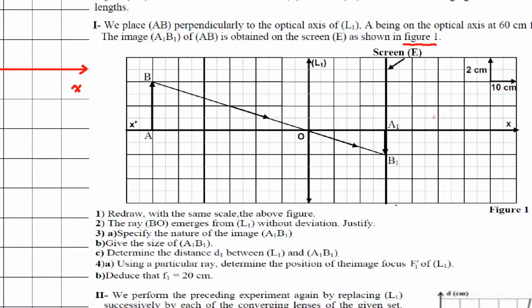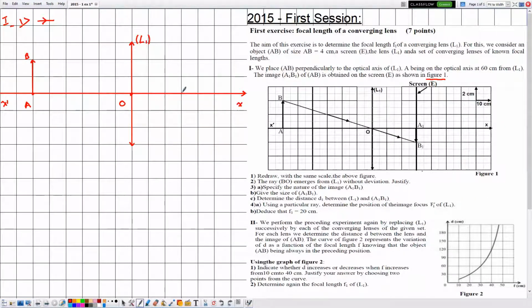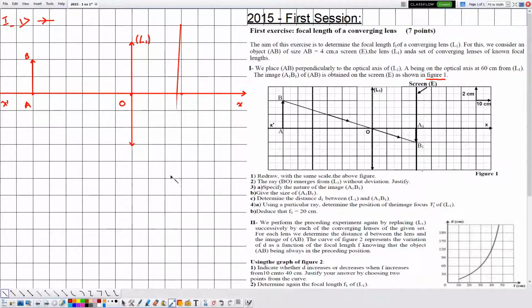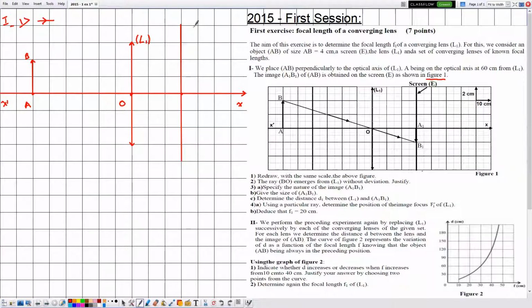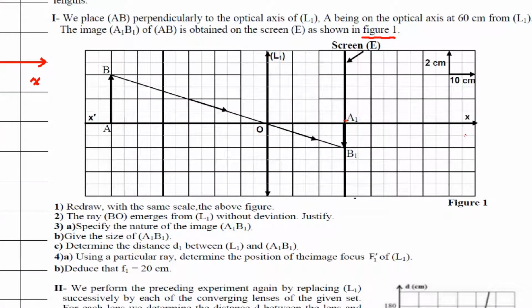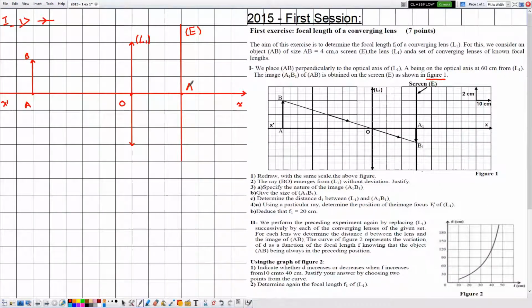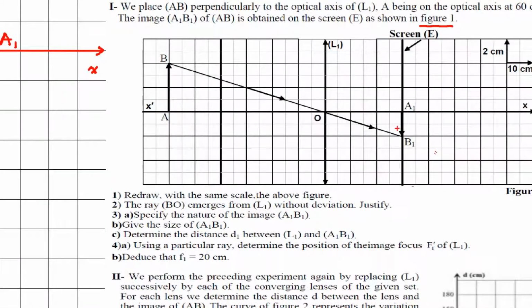And now the screen E is located 1, 2, 3 divisions behind the lens. So 1, 2, 3. The screen E is perpendicular to the optical axis. Moreover, the point A1 represents the intersection between the optical axis and the screen E. And the point B1 is found 1 division below A1.